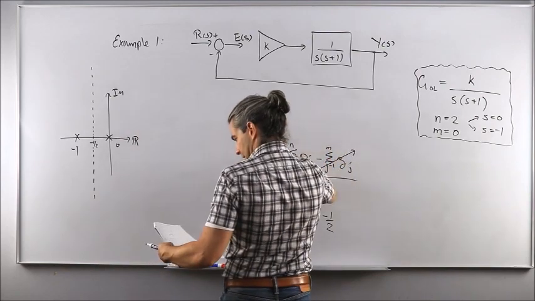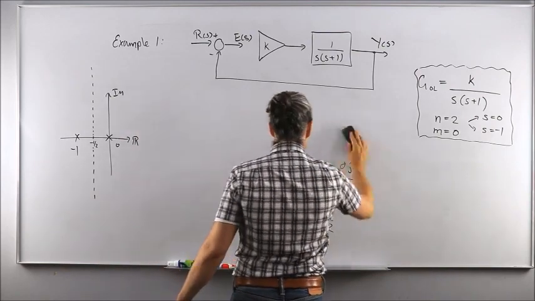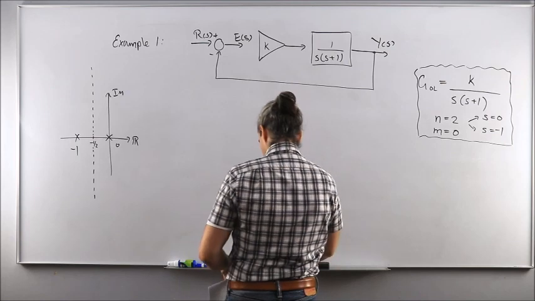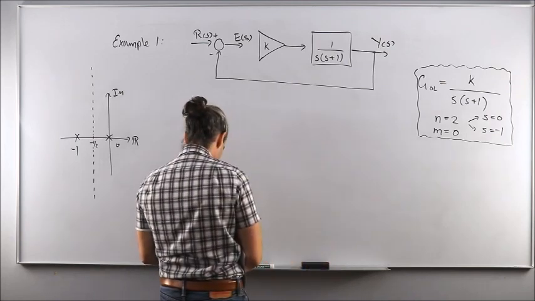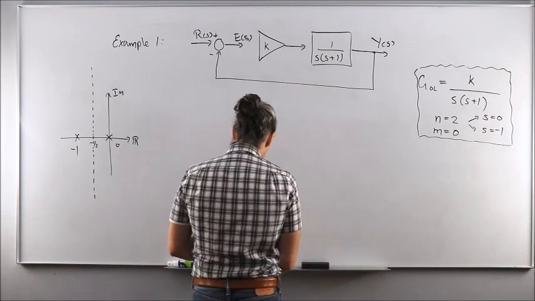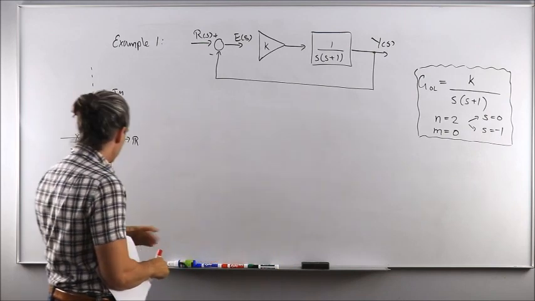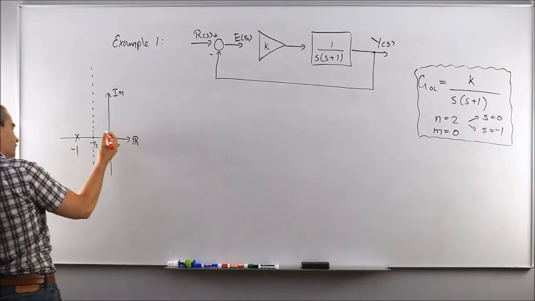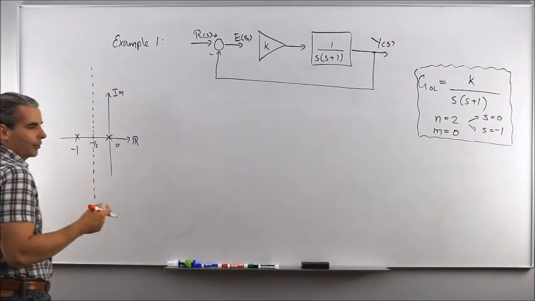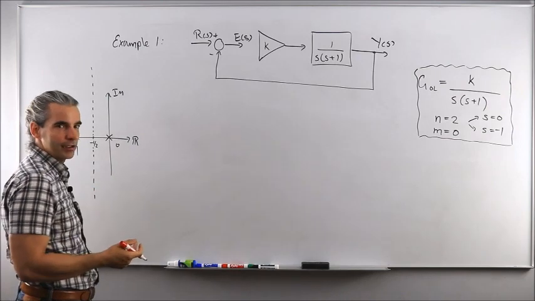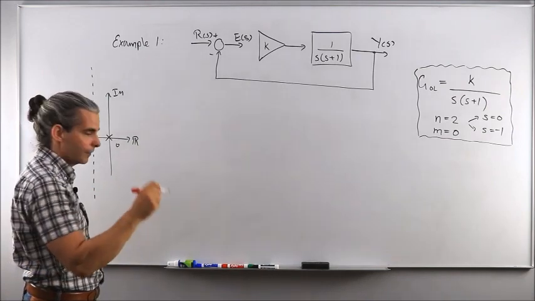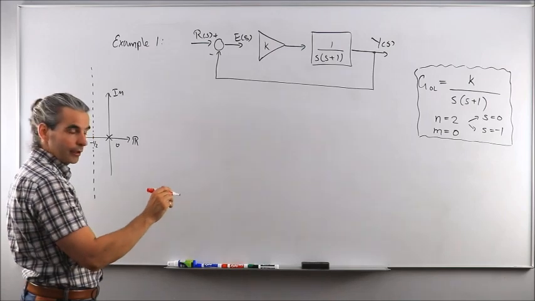Step 6, the root locus on the real axis. I'm going to use the red marker for that. That's where you need to count all the objects you encounter starting at the origin and moving to the left. Whenever that number of objects is an odd number, you drop the pen down and you draw.